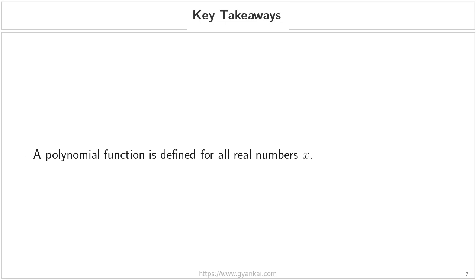Key takeaways. To wrap everything up, let's go over the key takeaways from this lesson to ensure you have a solid grasp of the concept. First, as we discussed when looking at the criteria for continuity, a polynomial function is defined for all real numbers x. This means that no matter what value you choose for x, the function will always produce a valid output, as there are no denominators that could lead to division by 0 or square roots of negative numbers.